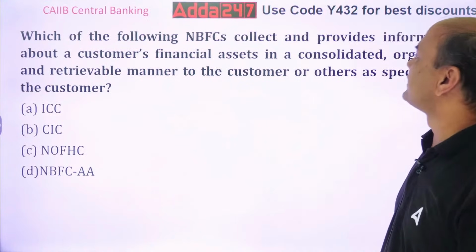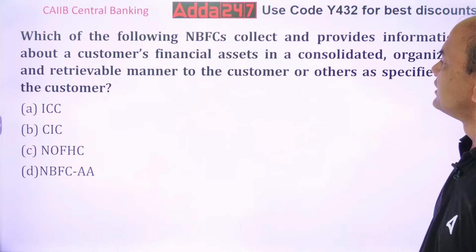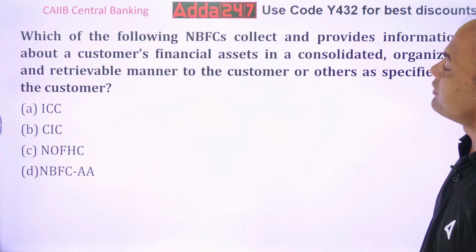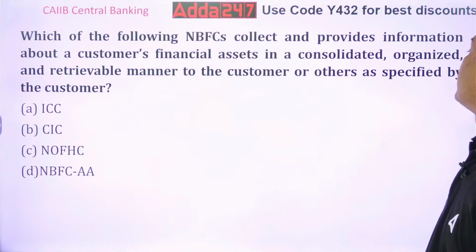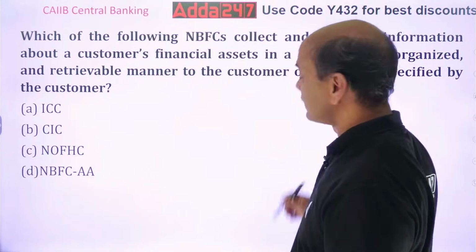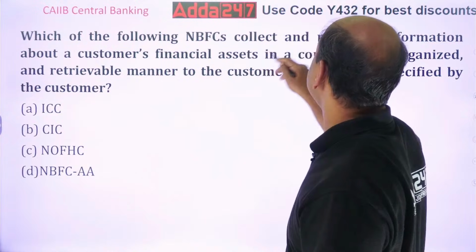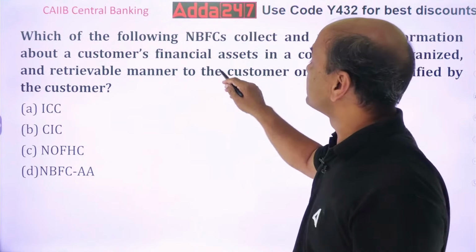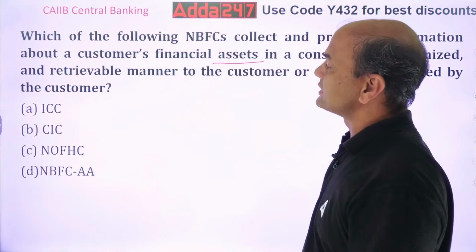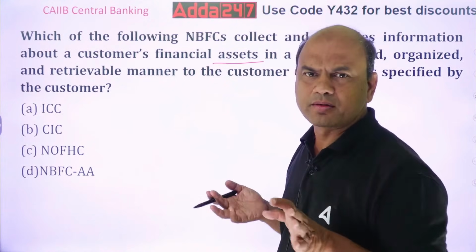Which of the following NBFCs collect and provides information about the customer's financial assets in a consolidated, organized, and retrievable manner to the customers and others as specified by the customer? So which NBFC will collect? Now look at this. This is a new concept which has been brought in. To any party which is a member.